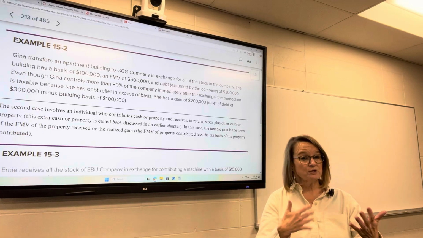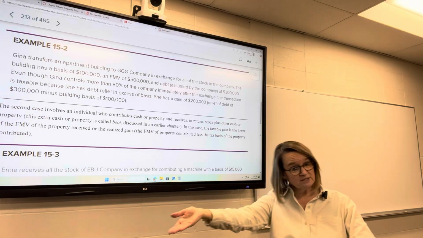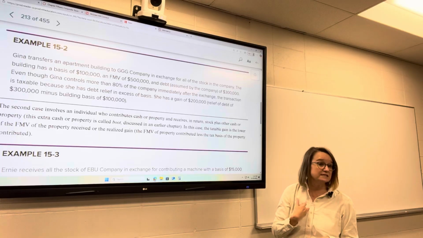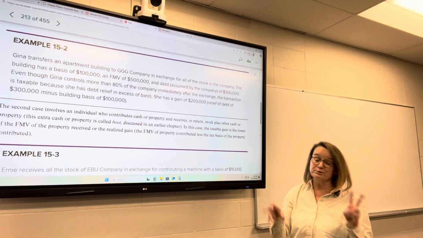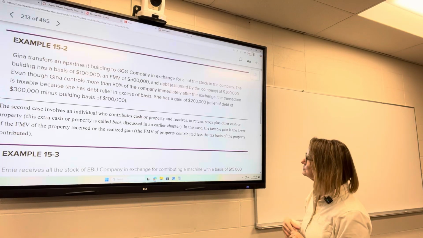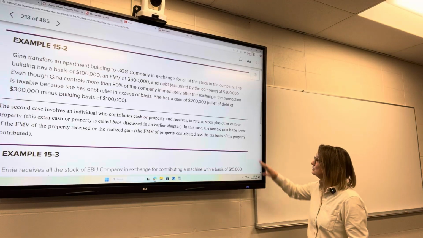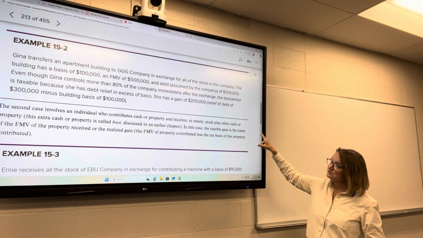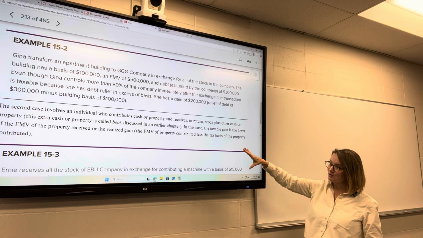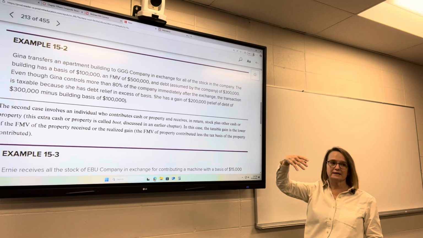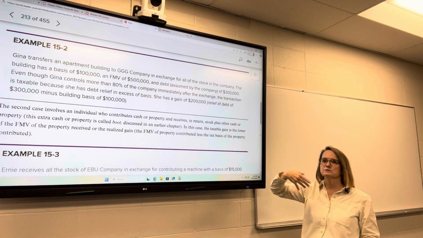Okay, so that's where the person purchasing the stock is getting something in addition to the stock. They call that boot. So whenever there's boot, the taxable gain is the lower of the fair market value of the property received. So in my case, they gave me $10,000.